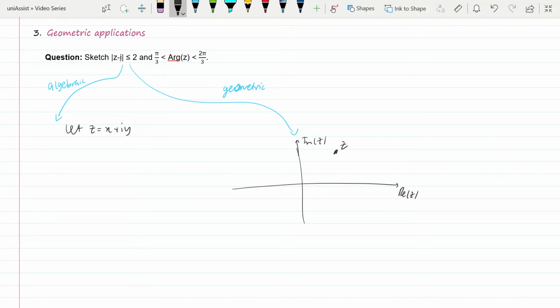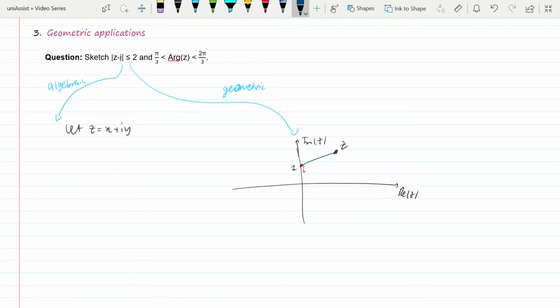So it says that the modulus of z minus i is less than or equal to 2. Firstly we need to identify where i is on our diagram. So i is on the imaginary axis, so it'll be here. Let's label this point i, and let's draw a line between i and z.